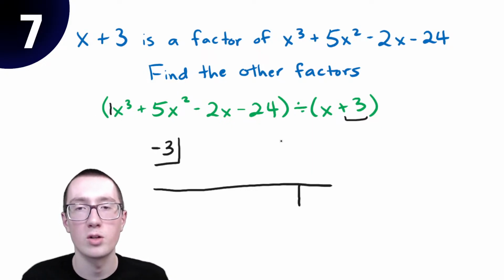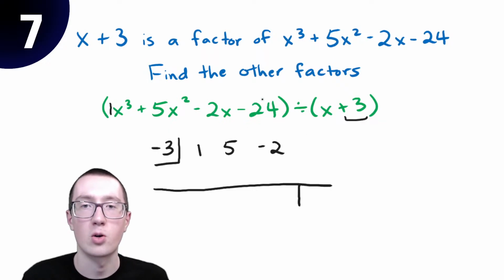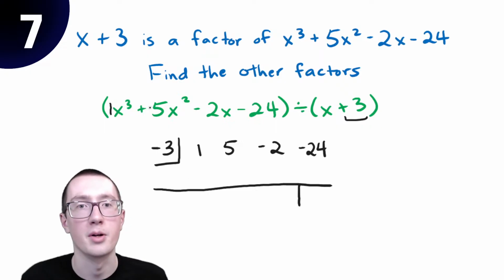So we're going to write out all of our beginning numbers. So here we have 1. Here we have 5. Here we have -2, the minus sign stays. And then our last number, the one by itself, -24, is going to go above our remainder here, our trash can. I don't know, I just made that up. We're going to call this the trash can from now on.